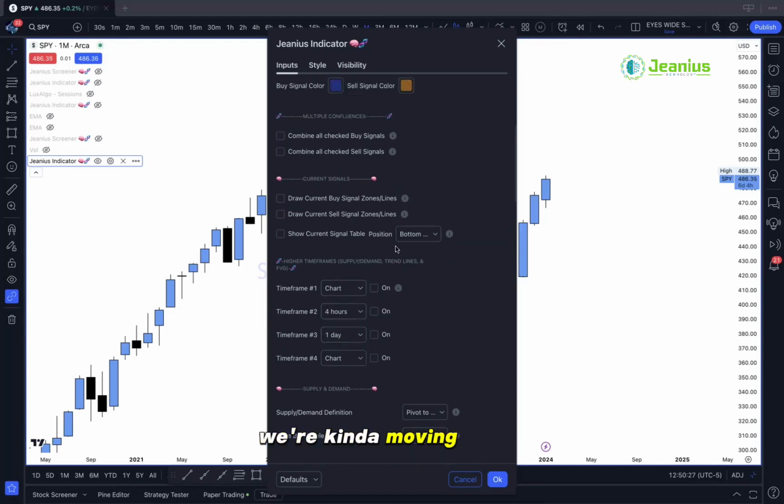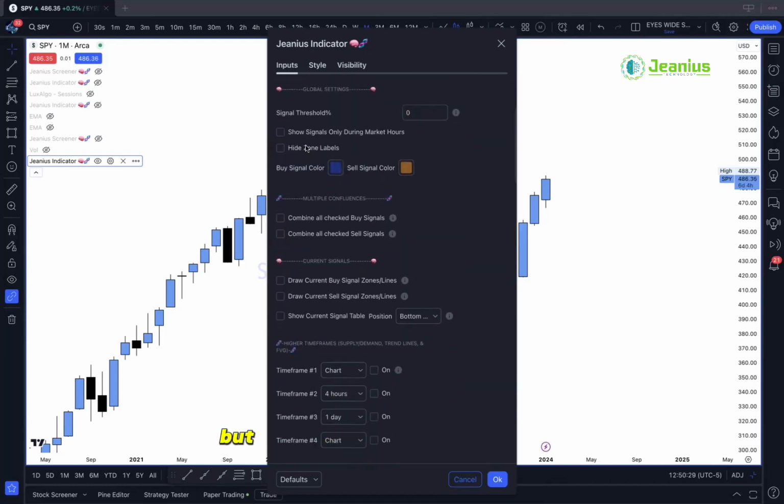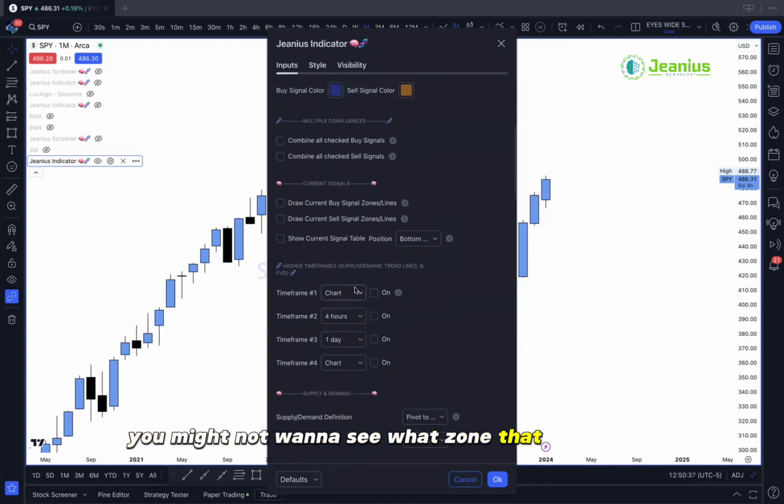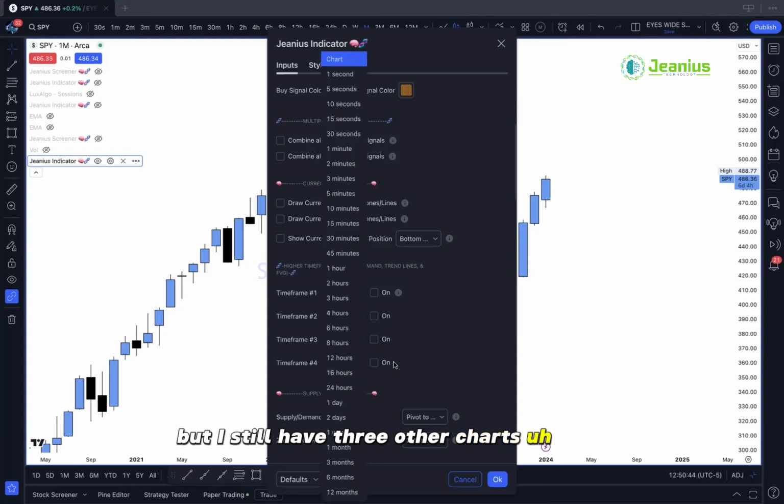I'm sorry, we're kind of moving ahead. I wanted to keep it streamlined, but for the sake of describing hide zone labels, you might not want to see what zone that came from, because if I'm on the 1-hour chart but still have 3 other charts, yeah, I can turn this one off.